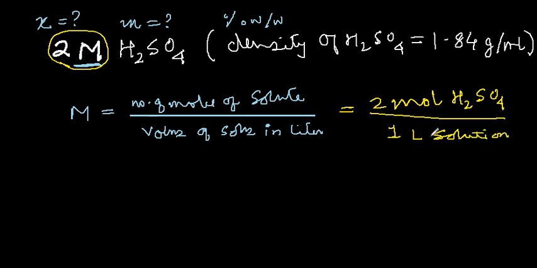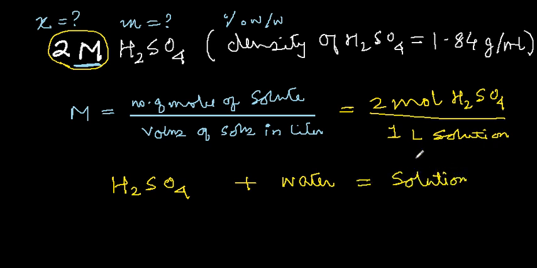So let's put this 2 mole of H2SO4 in the solution in a more convenient form. We have the sulfuric acid and we have water as a solvent that we have mixed to prepare our solution.